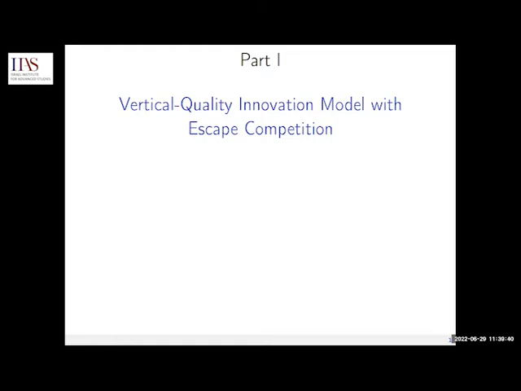Because in these models, competition is going to reduce the market size. So this is the Schumpeterian effect. It's going to reduce the market size of any single producer, if you don't change the mode of competition.